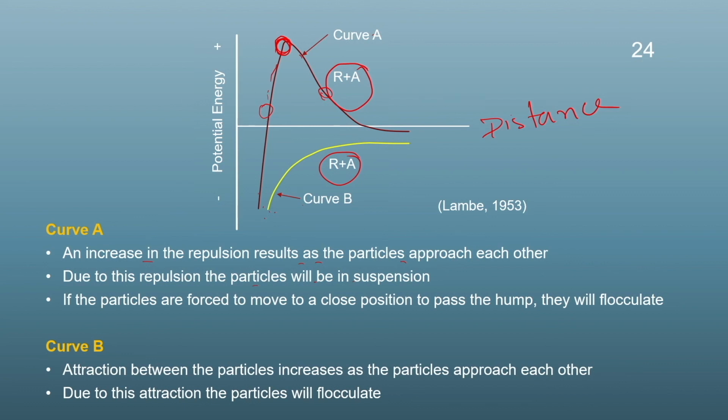So, in this class we learned about the different types of forces, different types of bonding, how water gets attracted towards the clay surface, and how the repulsive and attractive forces combine and act, resulting in the flocculation and dispersion of the particles.